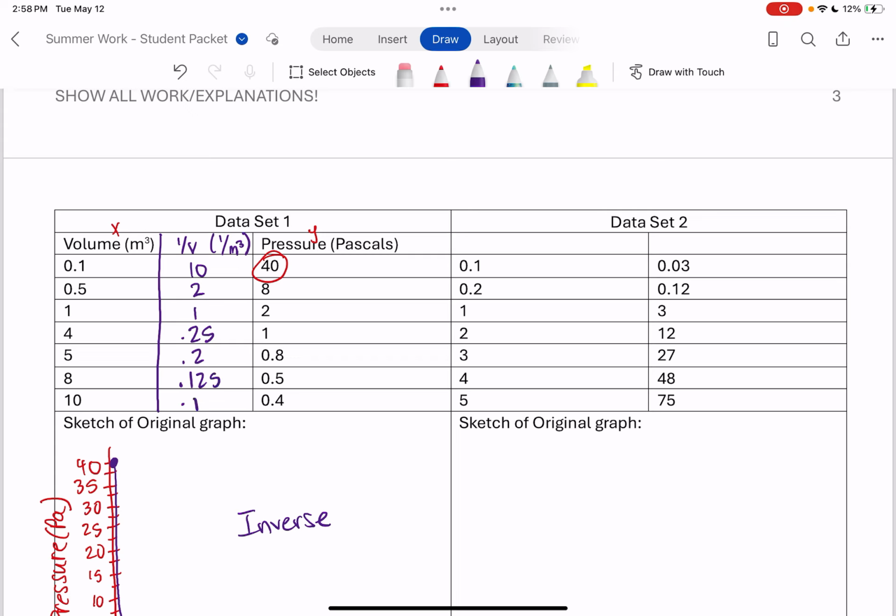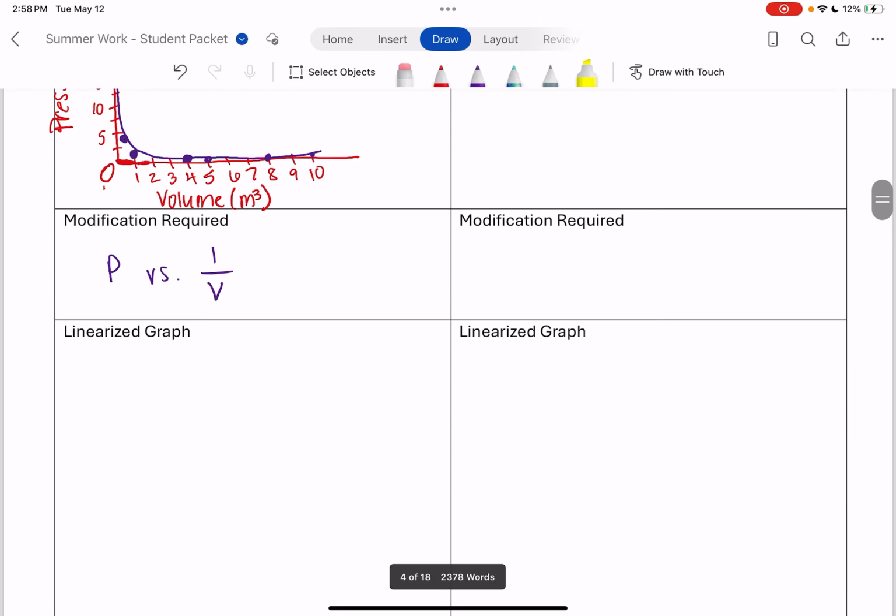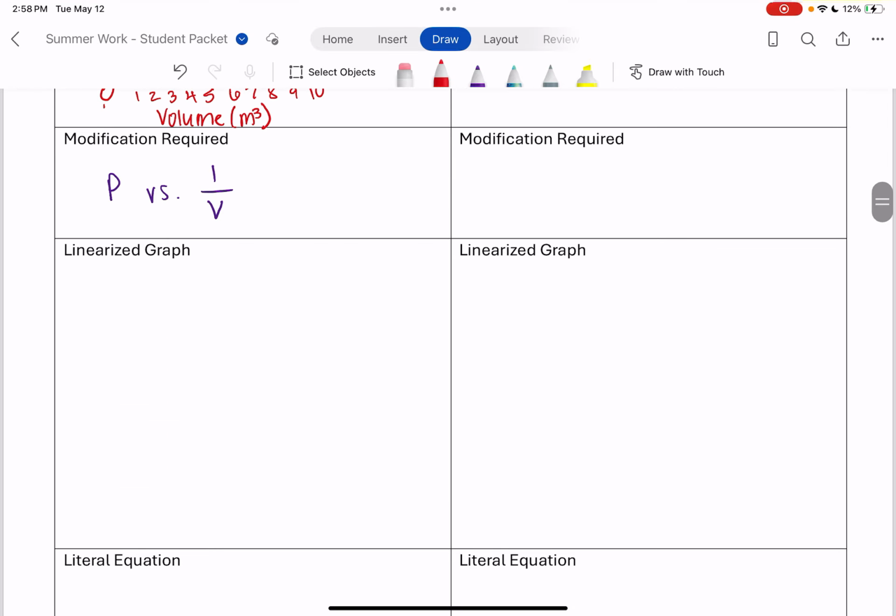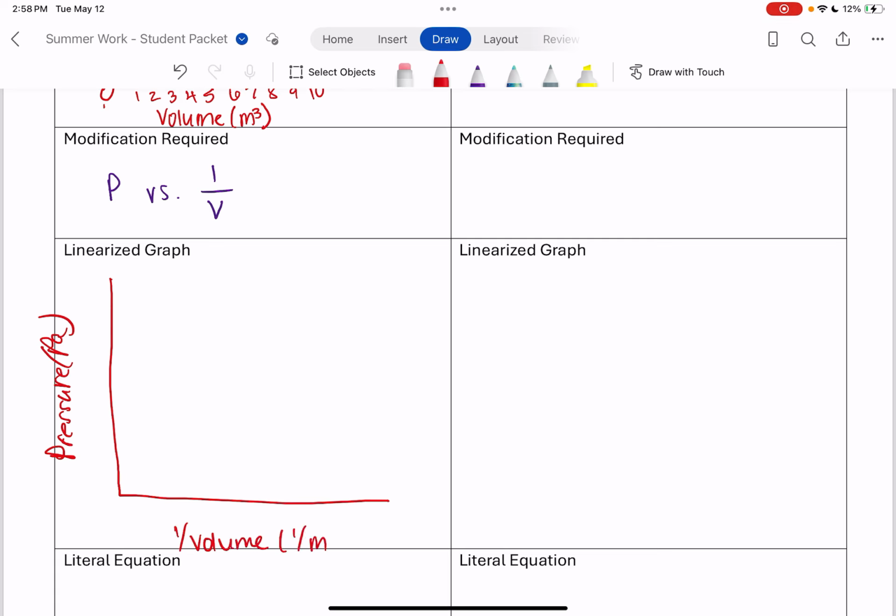So now we're going to take our new data and graph it. So our biggest x value now is 10, and we'll keep the same scale for our y. So we still have pressure in pascals, but now we have 1 over the volume, 1 over meter cubed on the x-axis, and we said our biggest was 10. 1, 2, 3, 4, 5, 6, 7, 8, 9, 10.